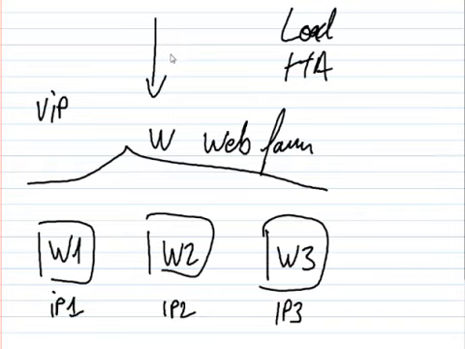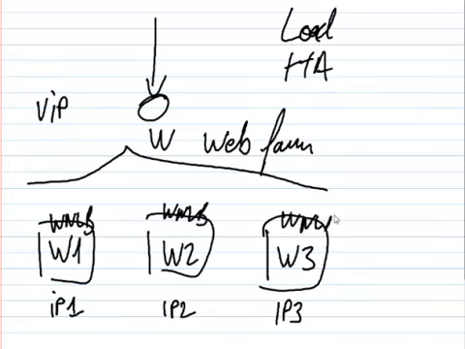The first possible way is to have some hardware just here, and the second possibility is to have Windows network load balancing configured here, here, and here. So let's see the 2 possibilities.